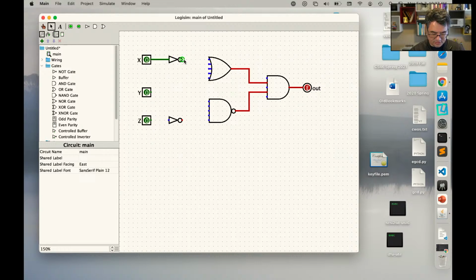And then we'll start hooking this up. Okay, that should be the circuit.